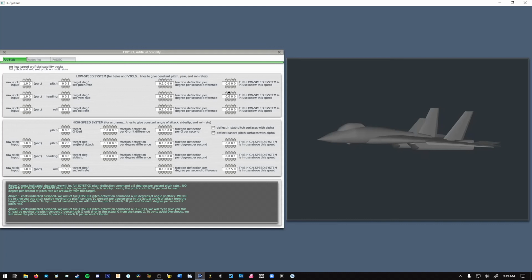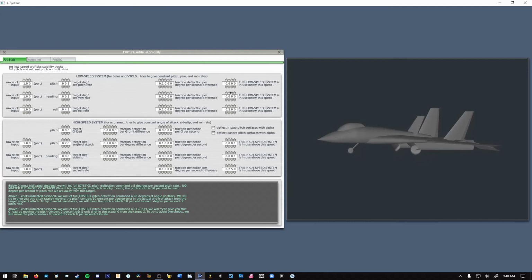And here you set the speed at which it'll activate below. So for roll, it's commanding 150 degrees a second above 250 knots. So I'm going to say, let's say below 200 knots. Then it'll interpolate between these two. It'll give me progressively less and less roll rates as I get closer to the transition speed.